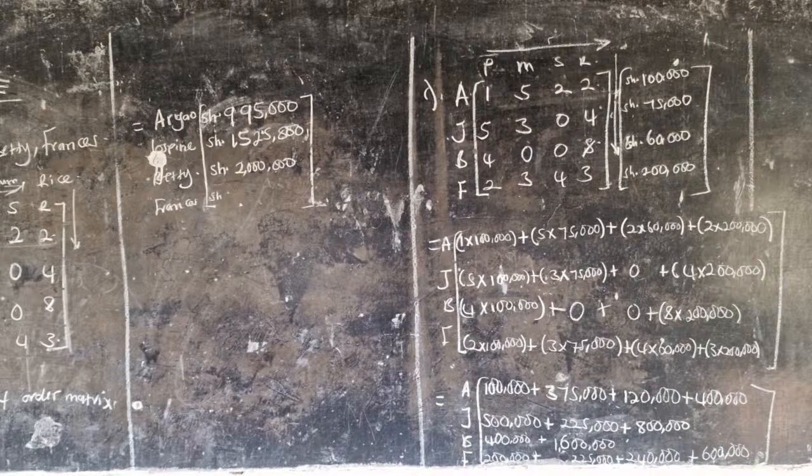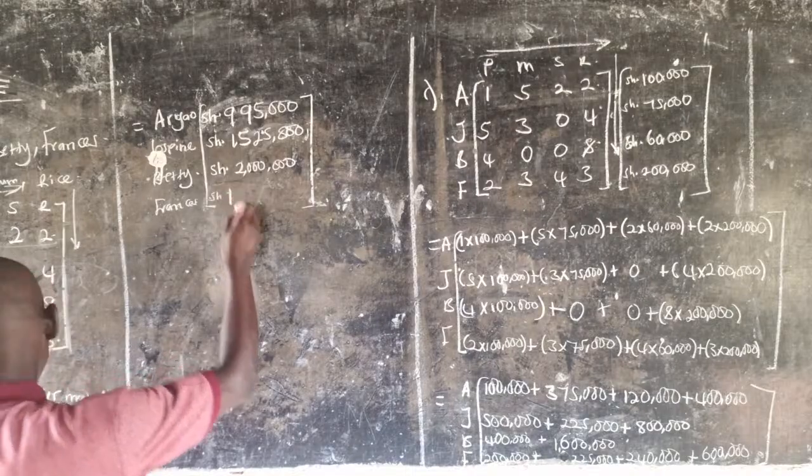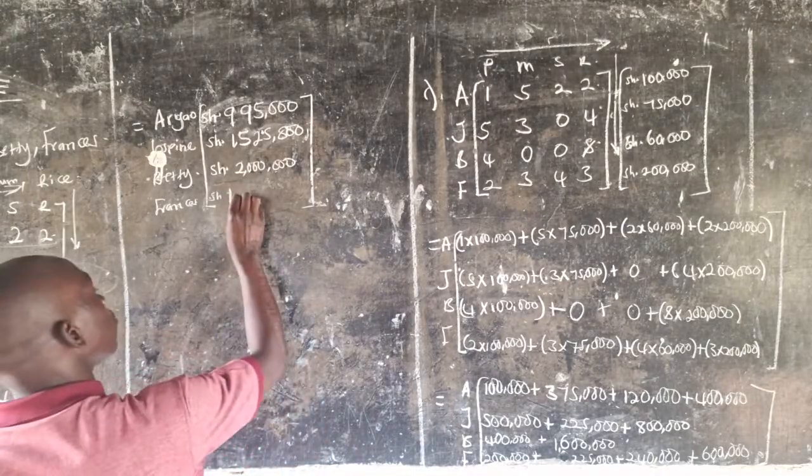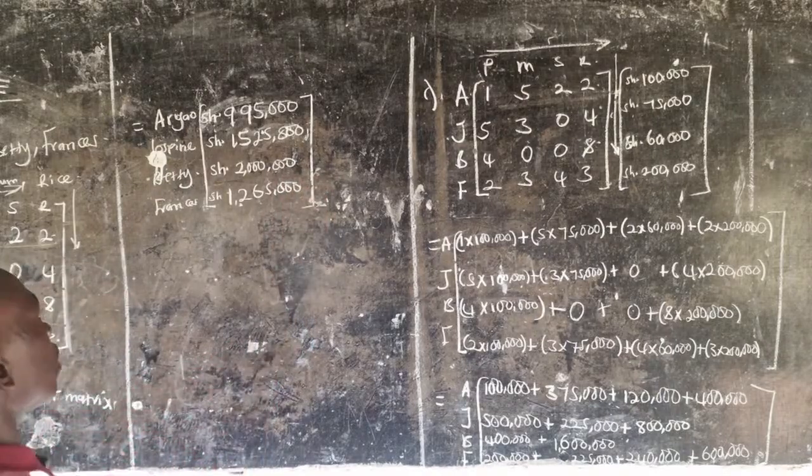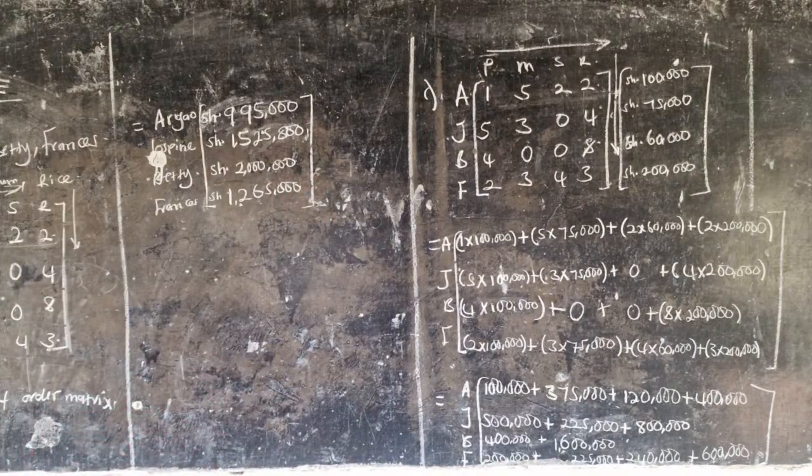And Francis, we have 200,000 plus 225,000 plus 240, like that, then plus the 600,000. So we have around 1,265,000. Now that is the total expenses for each member there.